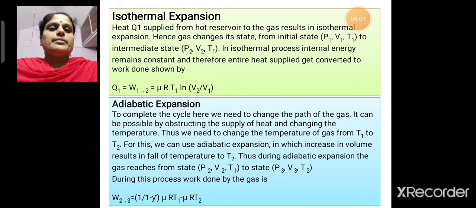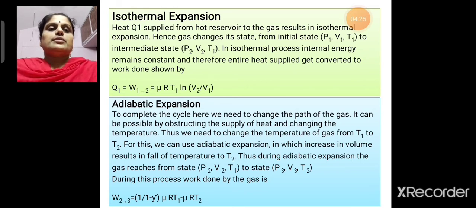In isothermal expansion, heat Q1 supplied from a hot reservoir to the gas results in isothermal expansion. Hence, the gas changes its state from P1V1T1 to P2V2T1.